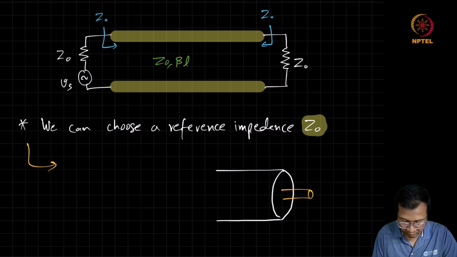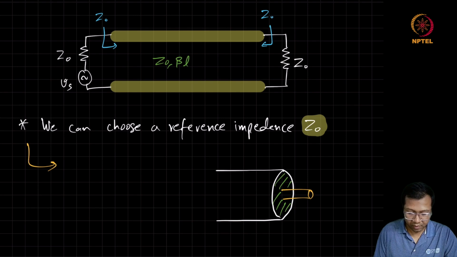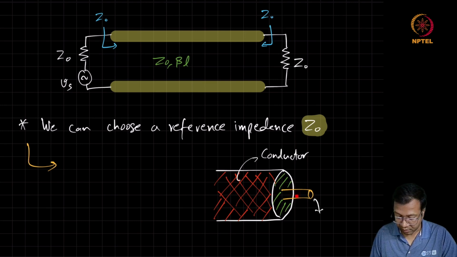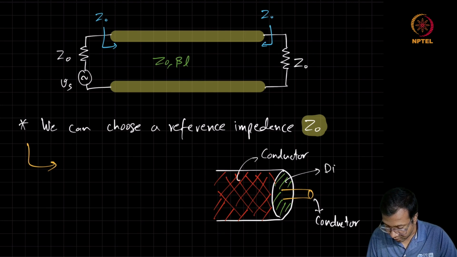So as you understand, we need two conductors, and in between the space was filled with a dielectric material. One conductor acts like a shield, at the center there is a solid conductor, and in between this space is filled with dielectric material.